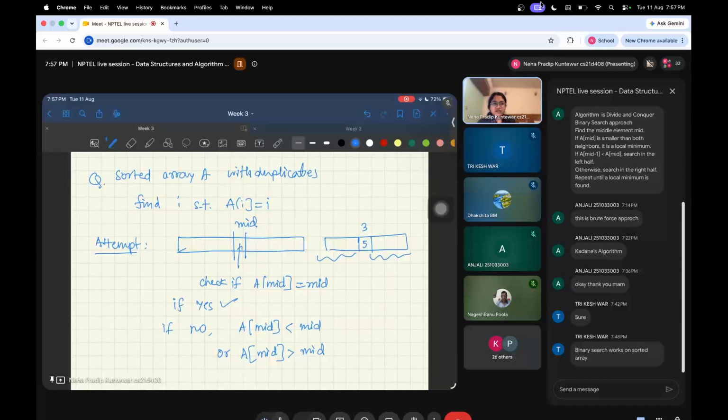Okay. Is there anything you can do better than order n, and is that known? No, ma'am, that is not known. And I mean, order n you can always do, right? Because you just scan through the entire array and check whether there is an i such that A of i is equal to i.